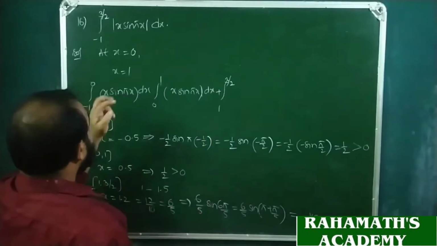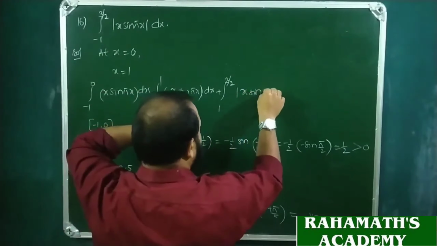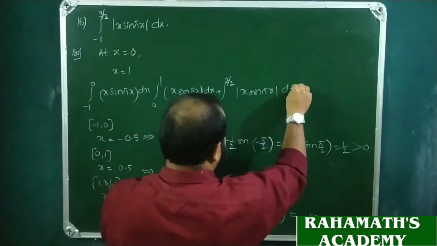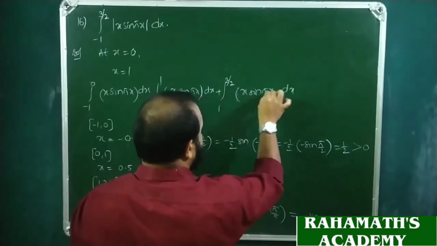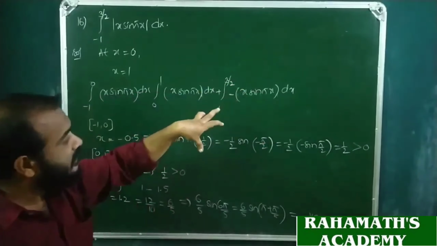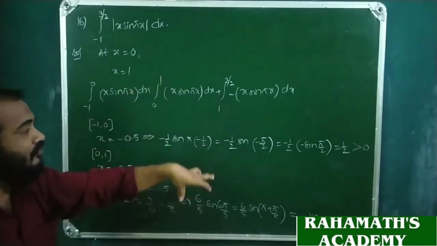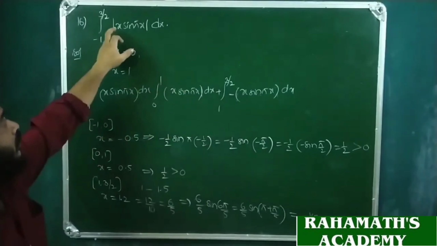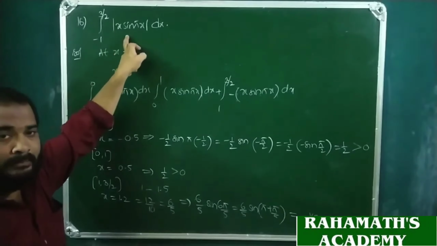And plus mod x sine pi x, at this value, this is negative. Therefore, this value is minus x sine pi x dx. So this is the fundamental concept that we have to be familiar with before we actually solve this problem.